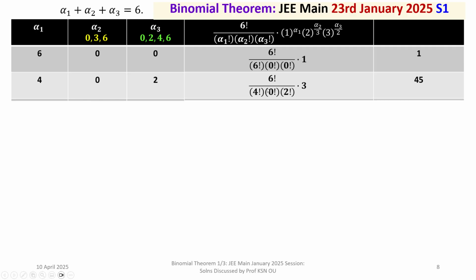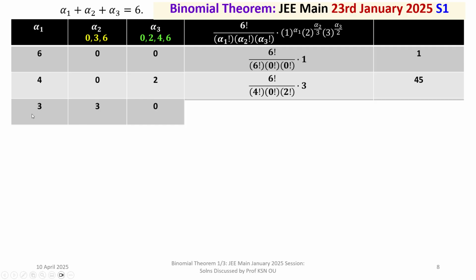And 6 factorial by 4 factorial into 3, compute, that is 45. Now what are the other possibilities? If we take 4, 3 here, 4 plus 3 is 7, it doesn't work. Therefore the only possibility for alpha 1 equal to 4 is this combination.